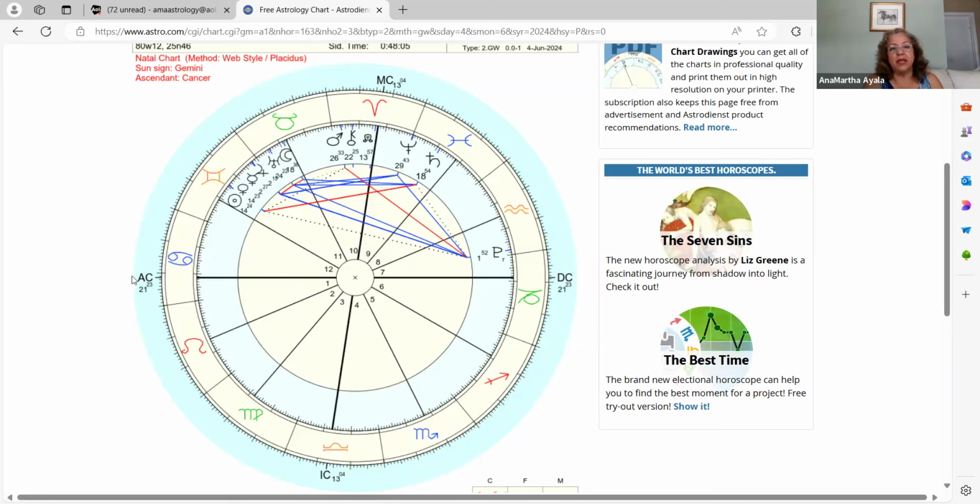Now, the ascendant is when the sun is rising, when you take your first breath, when you are being born. This is your rising sign. So the sun is starting to rise in your chart.